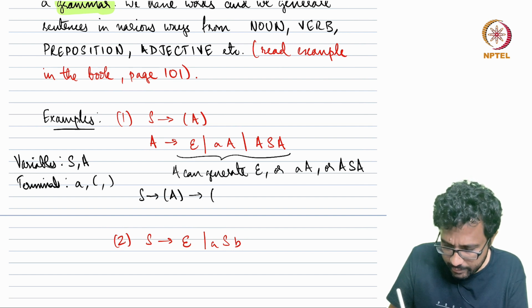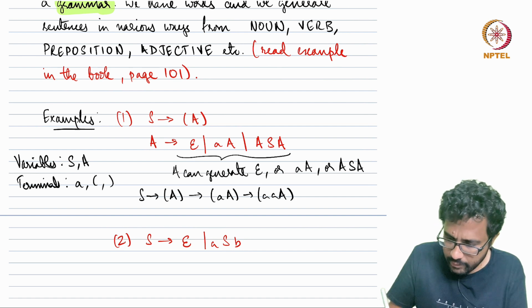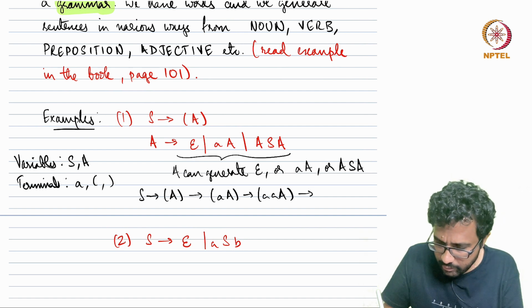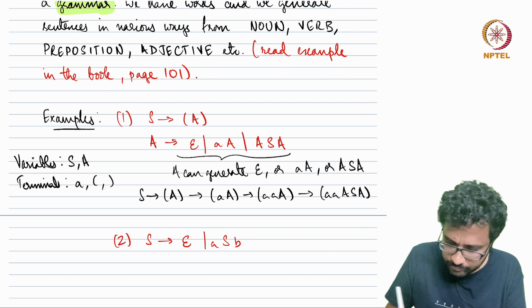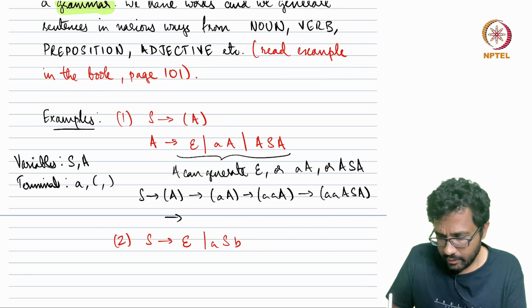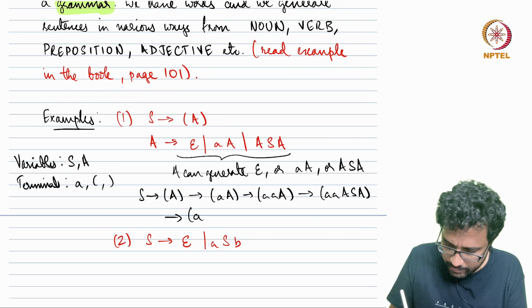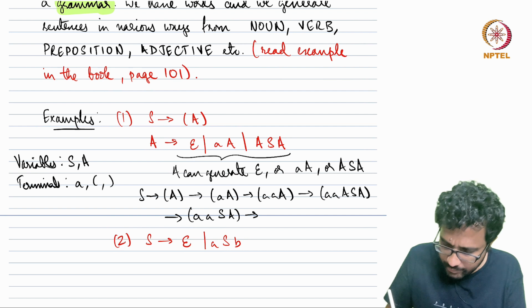Let's say A generates small a, maybe another small a, and maybe let's say A generates ASA, and maybe the first A generates the empty string, and let's say S generates this, right.